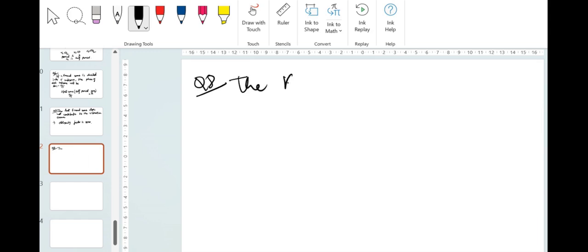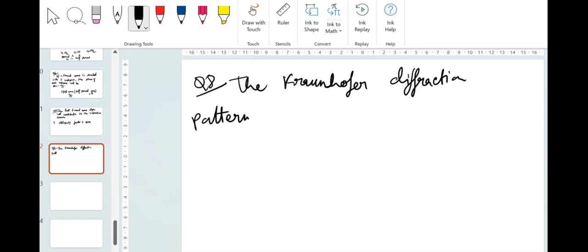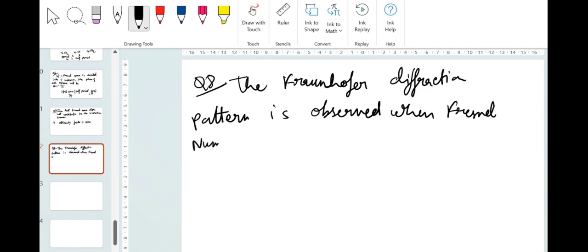The Fraunhofer diffraction pattern is observed when the Fresnel number is?